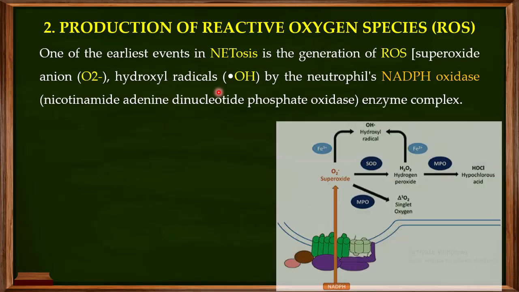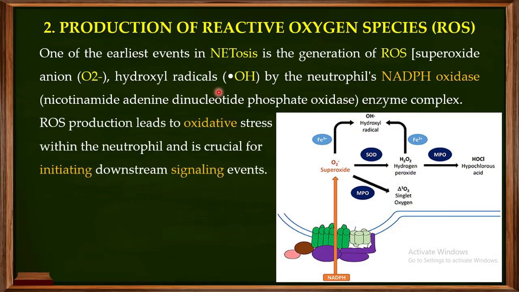These reactive oxygen species are responsible for an oxidative stress within the neutrophil, and that is very crucial for initiating the downstream signaling events. So it is this oxidative stress which initiates the downstream signaling events that we discussed in the last video.